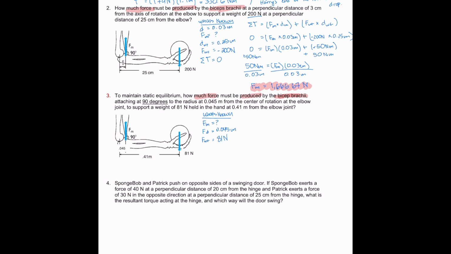And then we're also given the distance of the weight from the elbow joint, which is our center of rotation, which is 0.41 meters. Sorry, I said this was wrong; this is a distance in meters.